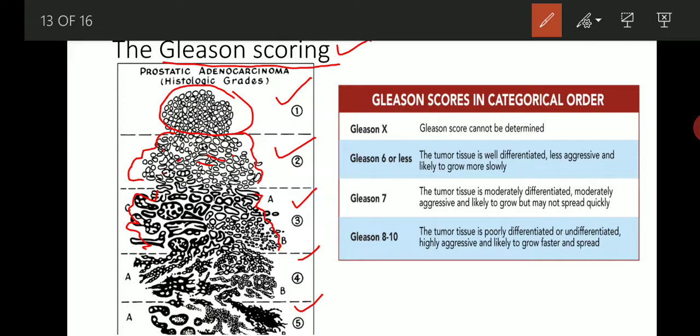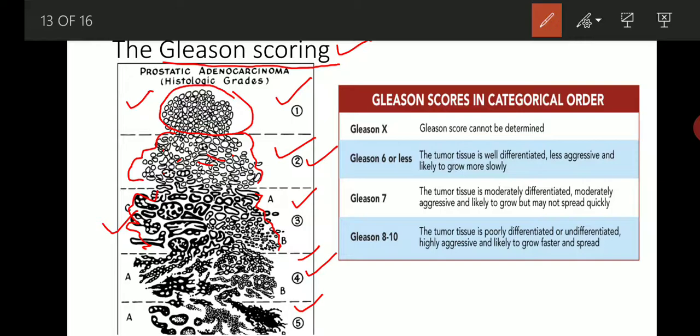Now it may happen that in the same cancer you may have some area showing score 1 and some area showing score 3. In such a situation you have to add up the scores. So if a tumor is showing score 2 in some areas and score 4 in some areas, then we will add it up and the final score will be 6.